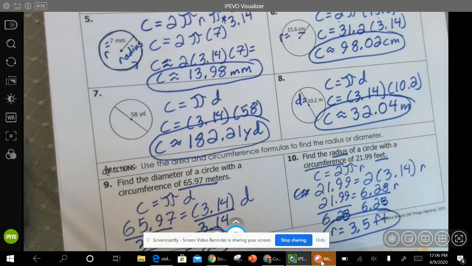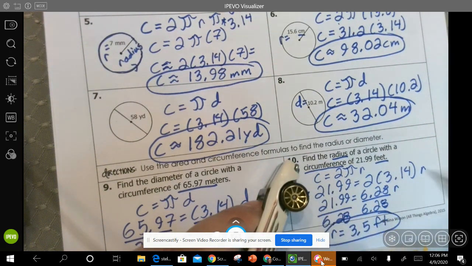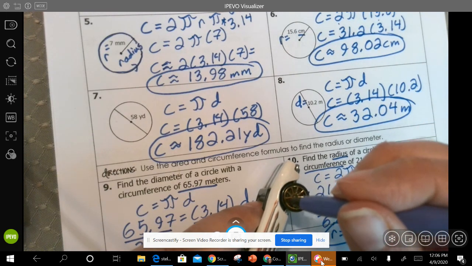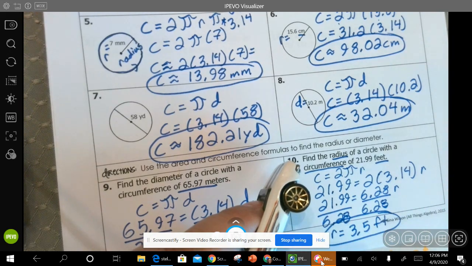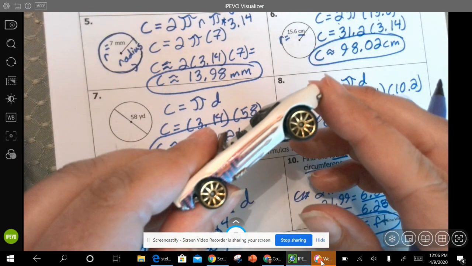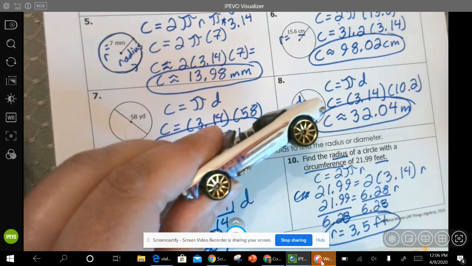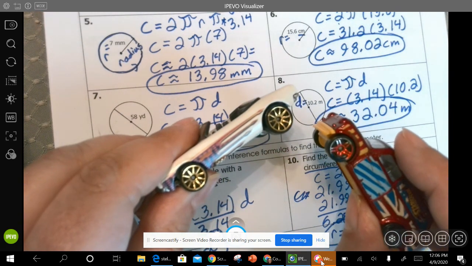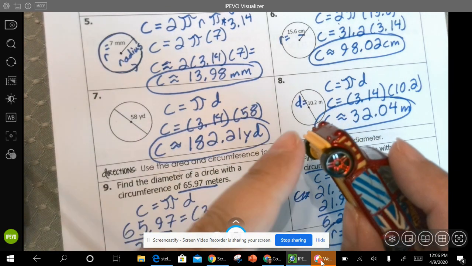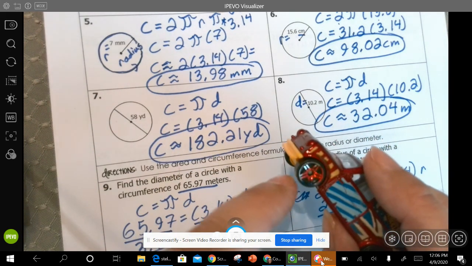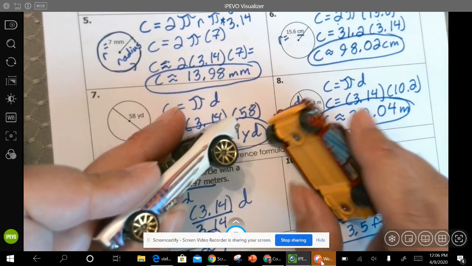Okay, so remember with this circumference, again, everybody, is the distance around the circle. So like it would be if you would want to find the circumference of the rims for the car. So that would be an example of that. So circumference, we're going all the way around. Or it would be the circumference of the wheel, going all the way around those wheels.